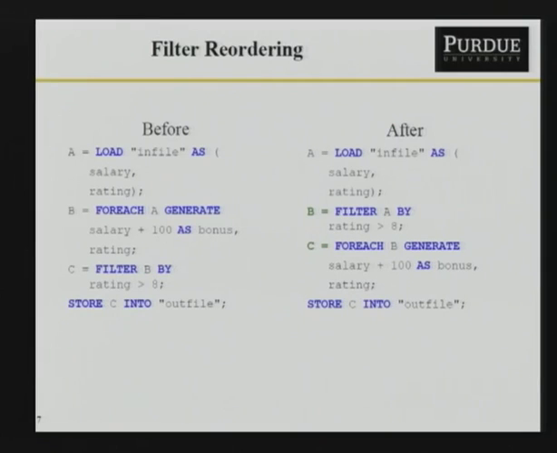So how can we improve the performance of this script? Well, what we do here is we perform computation over a set of data, but then we filter out some of that data. So what we can do instead is first filter out our data, so the volume of our data is reduced, and then perform the addition, which means you have less data to perform addition over.